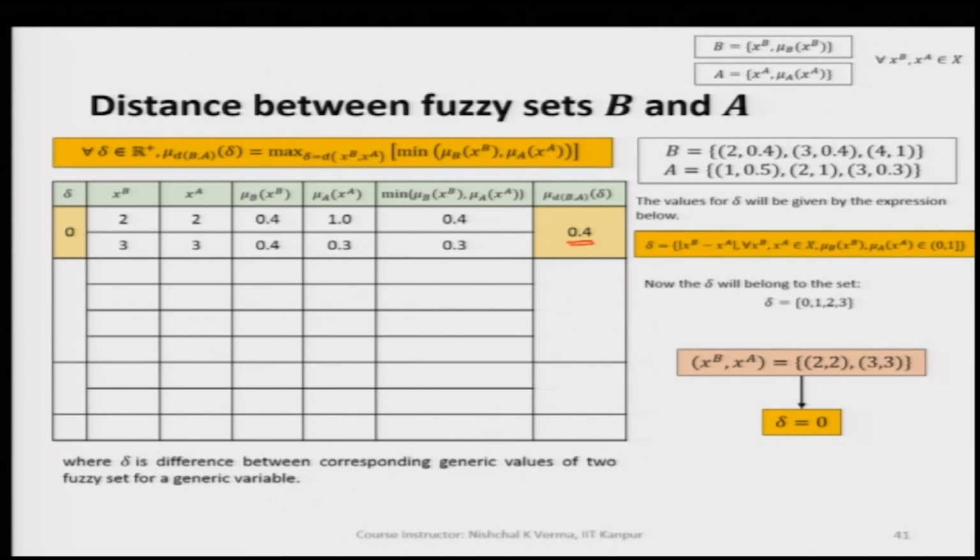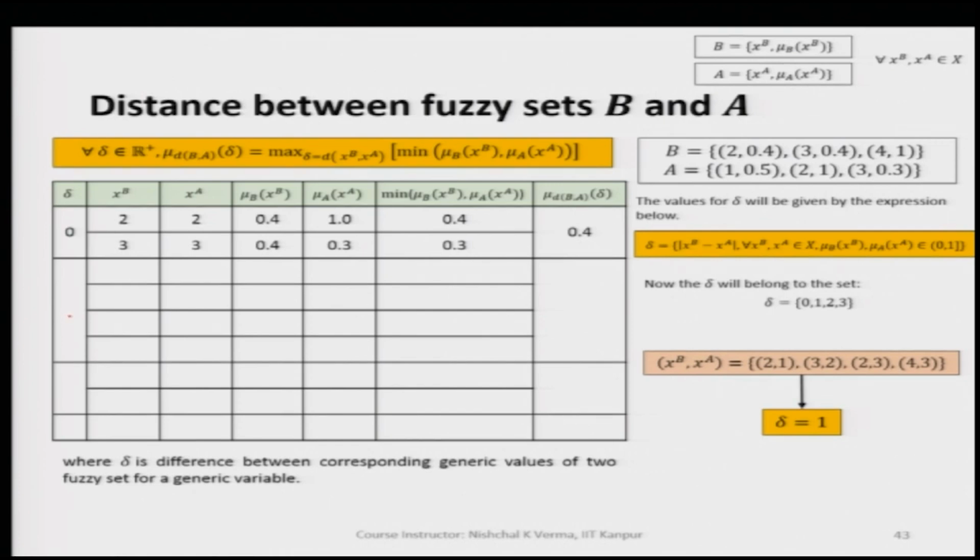Now, let us do the same for delta equal to 1. When we take delta equal to 1, we have 4 entries, 4 pairs, as we have seen in the previous example also. Let us now put all these in the table.